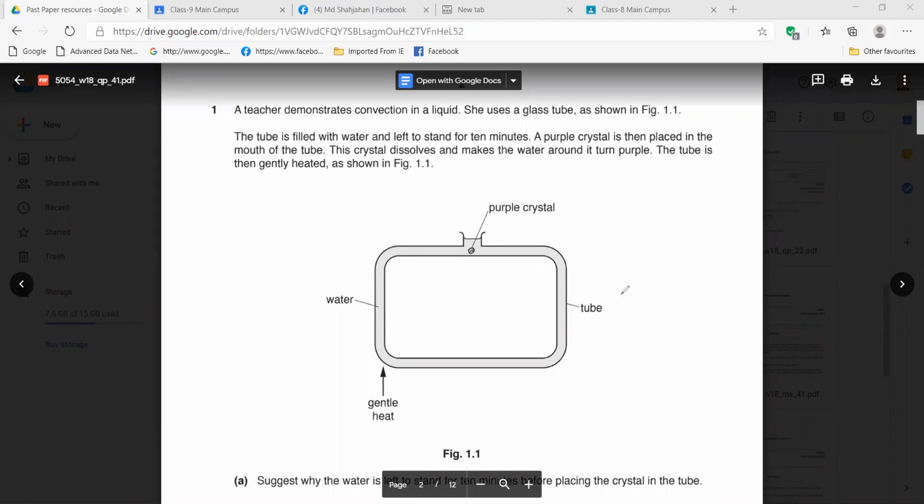Did you write? Hello? Did you write these 3 points? Yes, sir. What are the 3 points you wrote? The convection occurs in fluid by circulation of molecules.